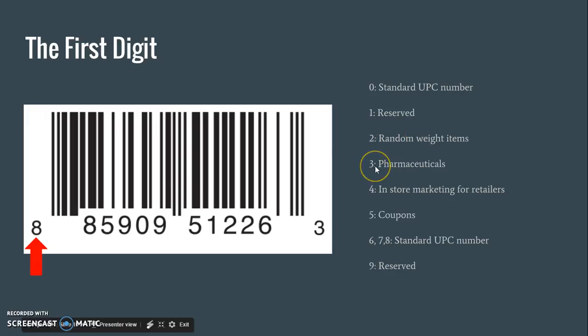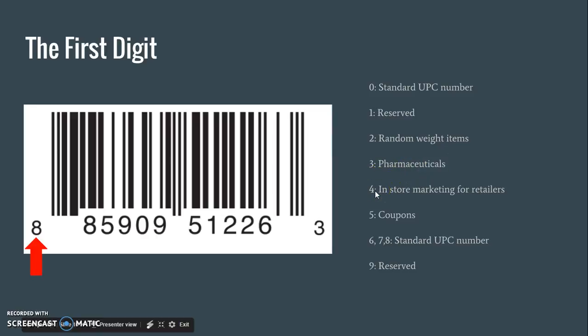Number 3 is for pharmaceuticals, so any kind of drugstore items, like medications, whether it's over the counter or not. You'll often find it on perfumes or body wash or shampoo and conditioner, anything like that. You'll probably find number 3.